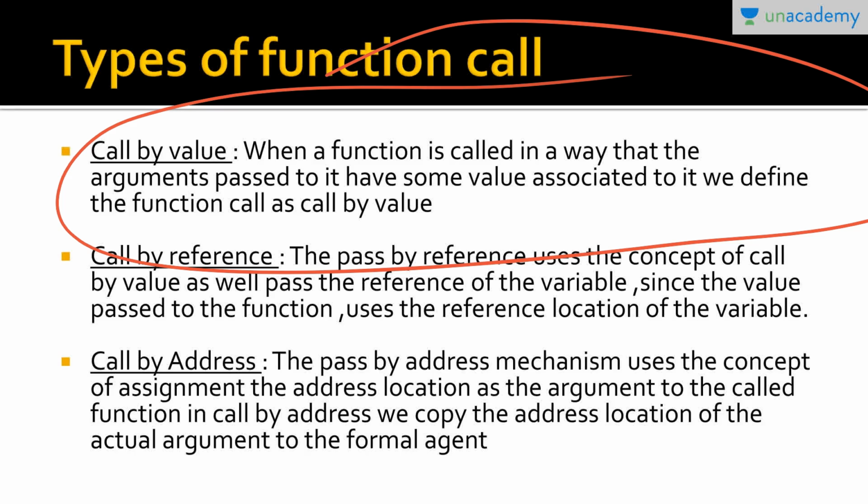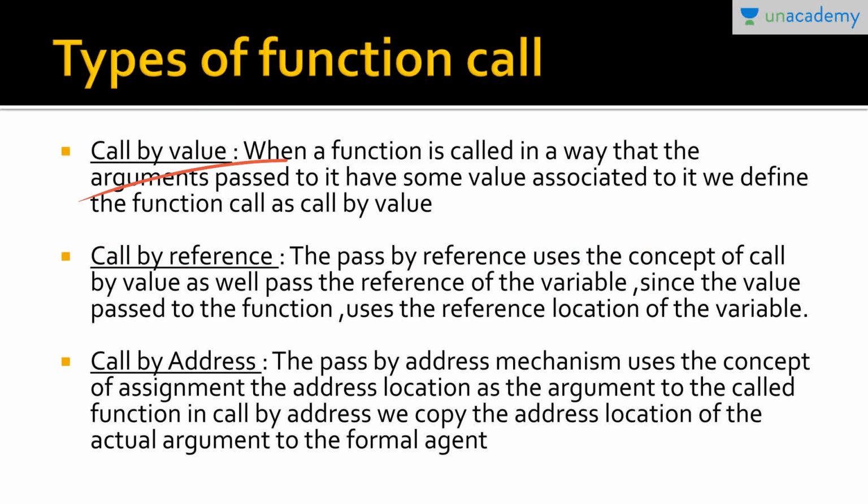For example, x equals 12. When we are calling a function with 12, then x will come. That is basically call by value. This means that we are calling it with a specific value attached to it.